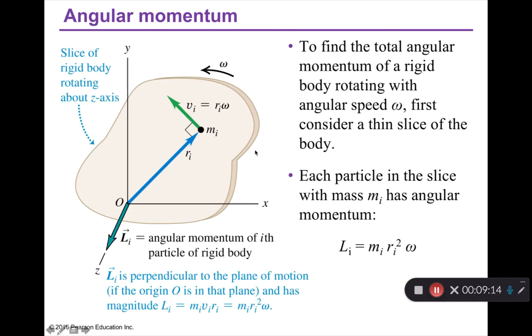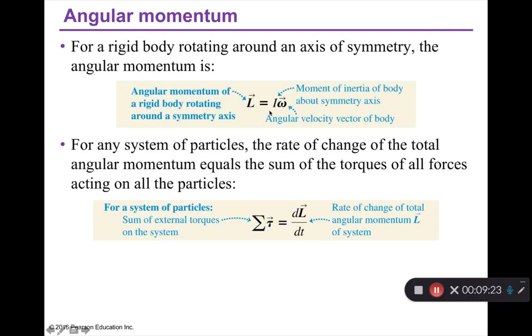Next we want to talk about angular momentum. Angular momentum is the rotational version of momentum, and it's just I, our version of mass, times angular velocity. This is exactly the same as p equals mv, p being linear momentum.